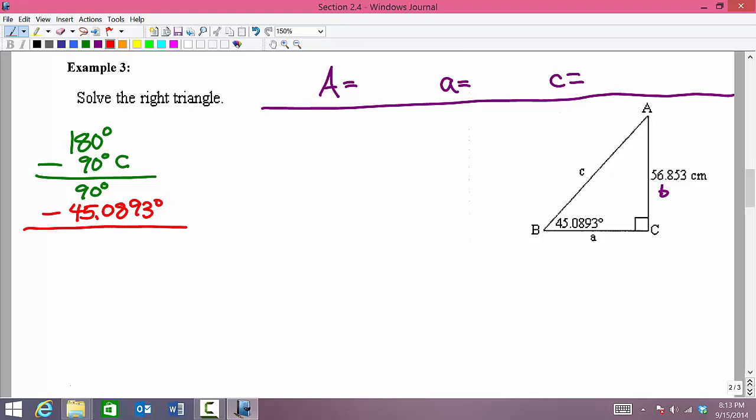We're just going to let our calculator do that work for us. And I get 44.9107 degrees. So our angle A, and we'll just leave it rounded to the nearest 4 decimal places since that's what B is rounded to.